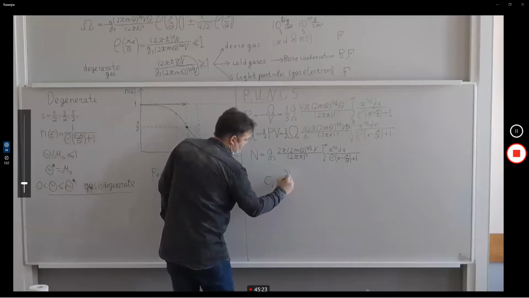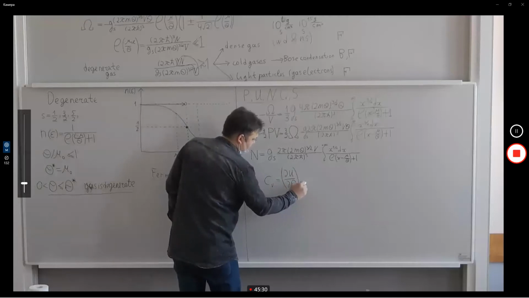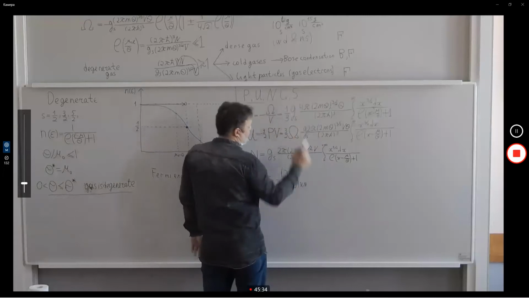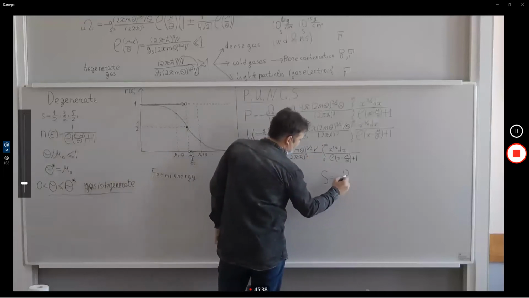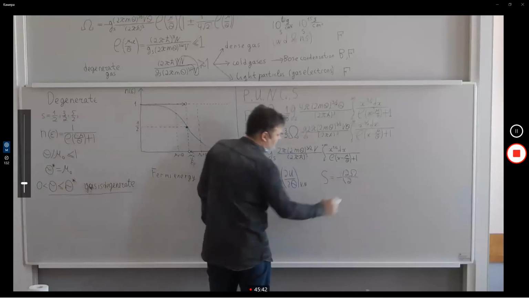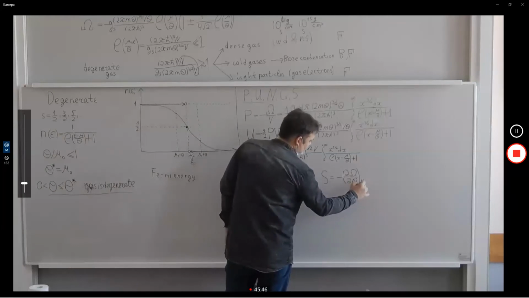The heat capacity is a temperature derivative of internal energy for constant V and N, and entropy is a minus derivative of the grand thermodynamic potential with respect to the temperature.